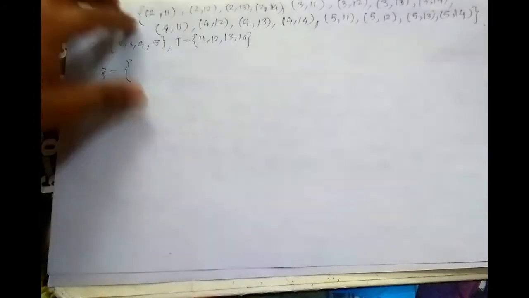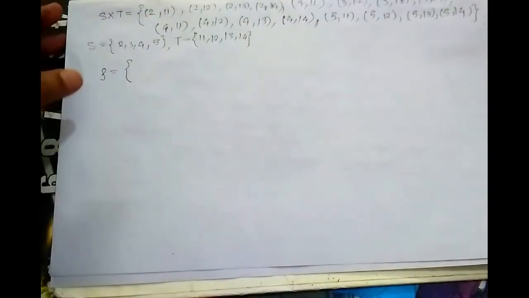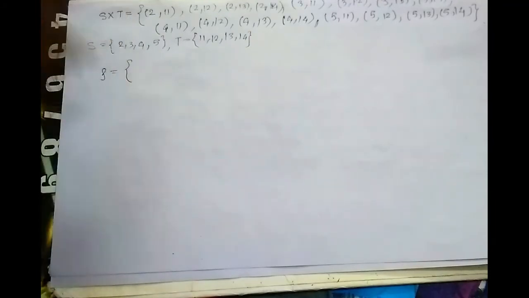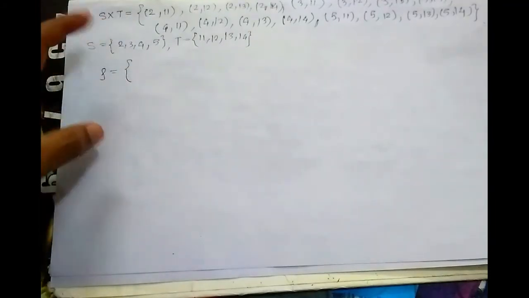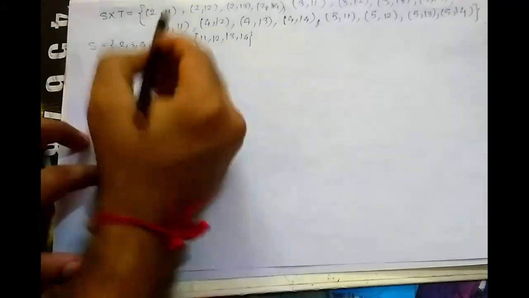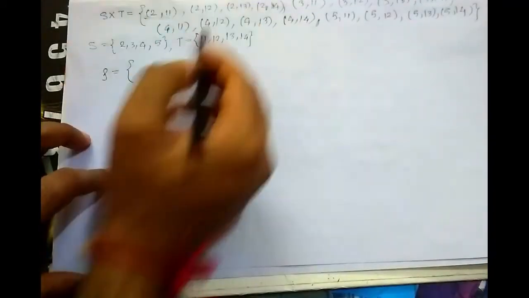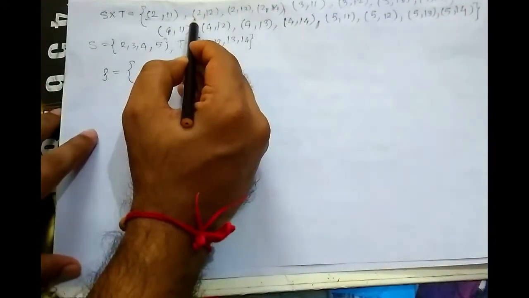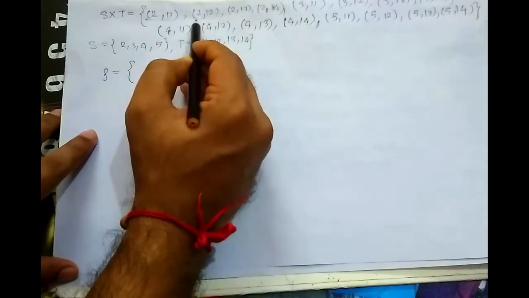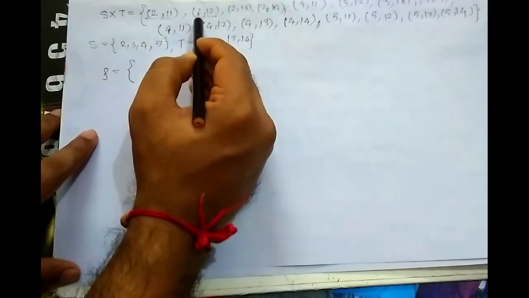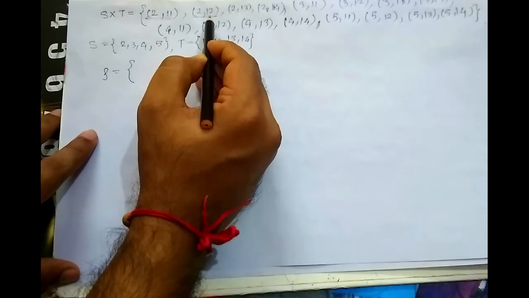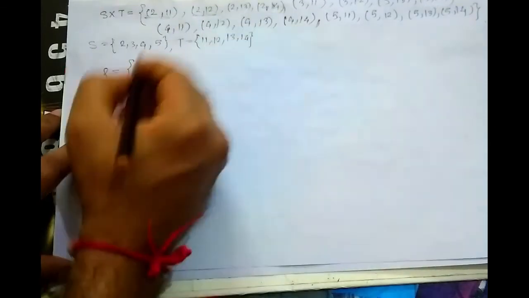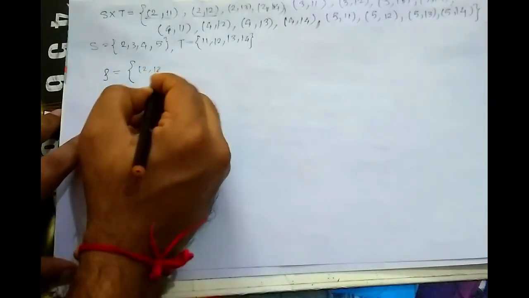See, at first I am looking at the ordered pair (2, 11). Here 2 is not a divisor of 11, so this ordered pair does not belong to rho. Now (2, 12): here 2 is a divisor of 12, so (2, 12) is in rho.